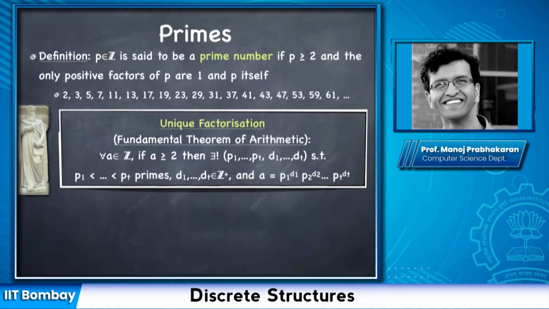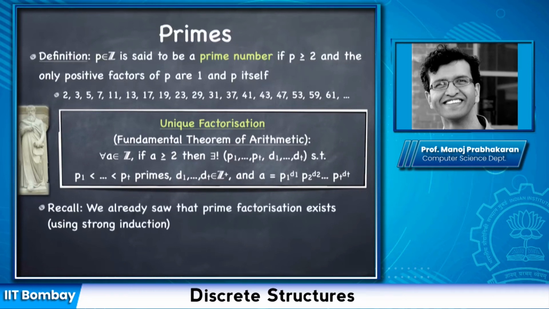You can prove this, and we actually already saw that a prime factorization exists. That was one of our examples for strong induction, and it's a pretty easy fact. It doesn't use anything deep other than things like commutative and associative multiplication, and of course the definition of what it means to be a prime number.